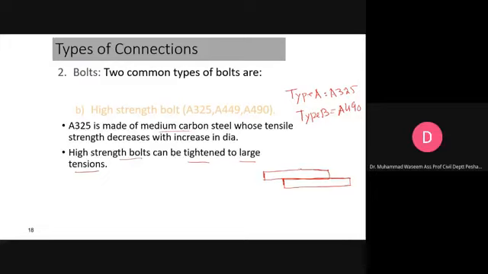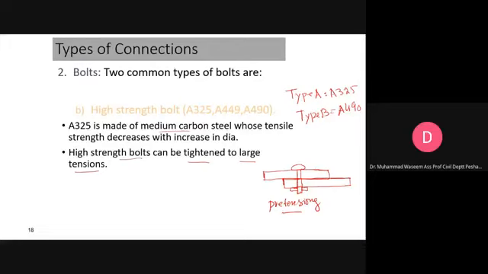अच्छा, what happens is that you have a head, and you have a body which is threaded, and you have this nut here. Once you tighten the nut with the help of a wrench, pre-tensioning is introduced to this bolt.